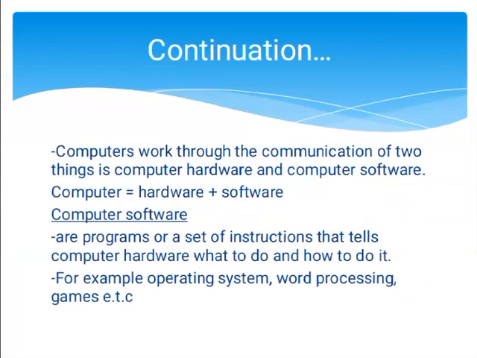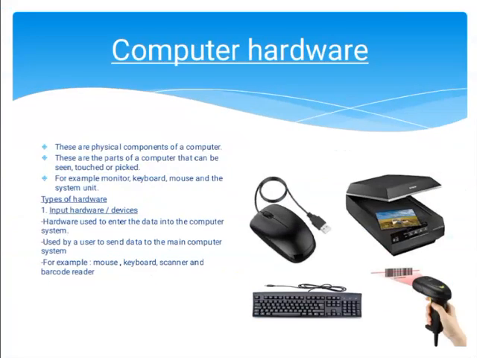Then, computer software. What are we saying if we say computer software? These are programs or a set of instructions that tell computer hardware what to do and how to do it. For example, the operating system, word processing, games, and many more. Computer hardware.